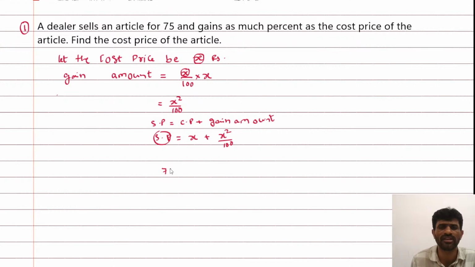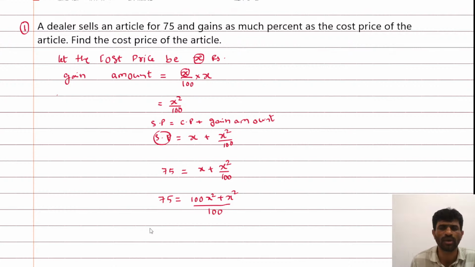So 75 is equal to x plus x square by 100. From this we get the quadratic equation. If you take LCM, 75 is equal to 100x plus x square, whole divided by 100.